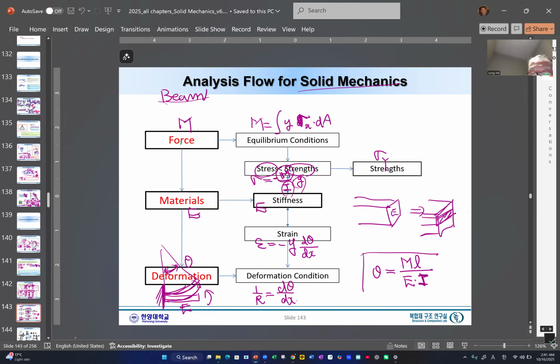Actually, this is again where we combine all of these. This is what we get. Actually, d theta dx can be integrated from 0 to L if this is a constant moment.